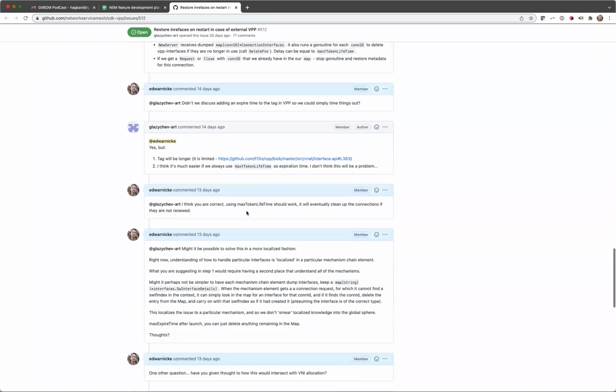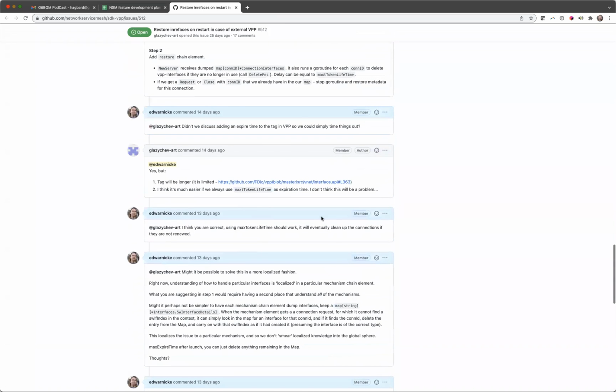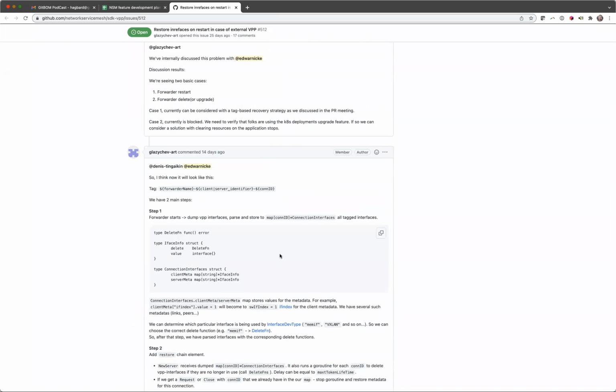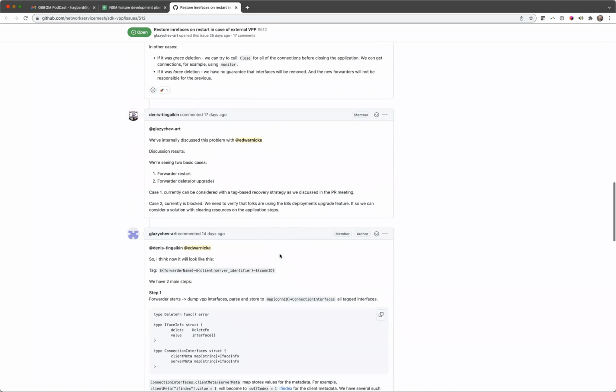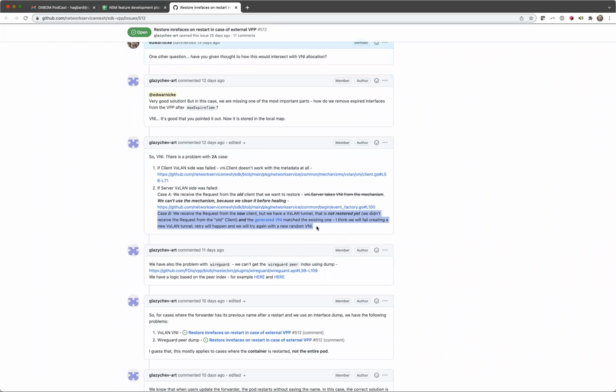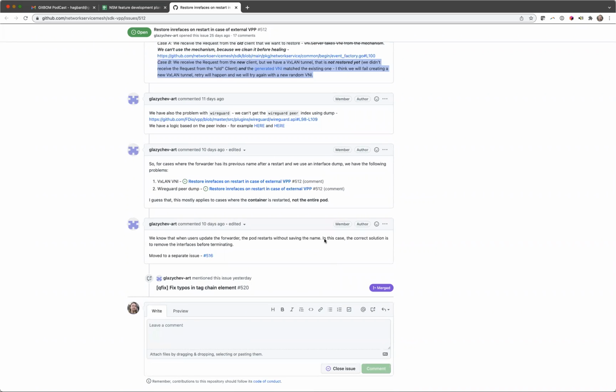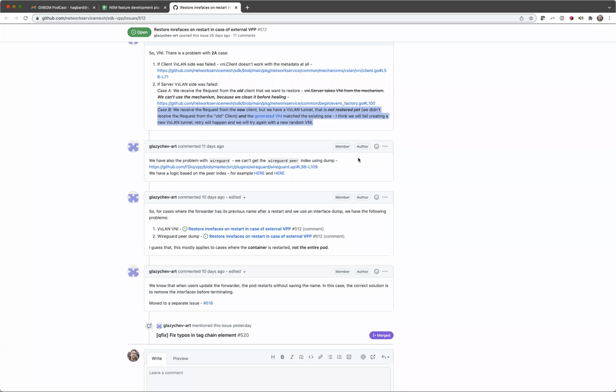So yes, we need to update VPP to continue. Okay. So hopefully that's not a terribly hard thing to add to dump details. Yeah, I think it's not so hard. Okay, good. On the VNI restore case, I'll take a look at that as well.